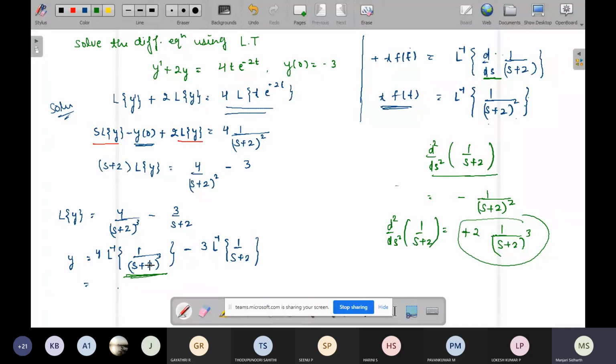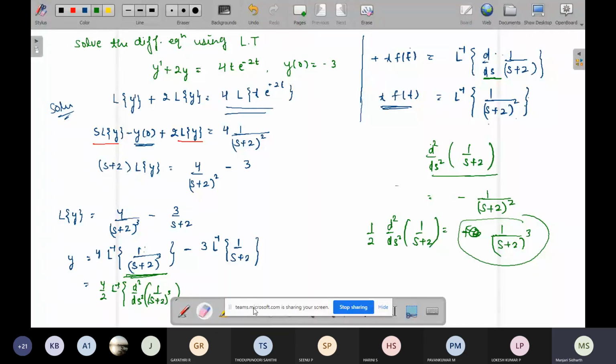We need this value, right? So in place of 1 over (s plus 2), I can write 1 by 2, right? So here write this 4 by 2 L inverse of d2 over ds square. This is same, right? It will be balanced. If I simply take second order derivative of this, you will get the above term.